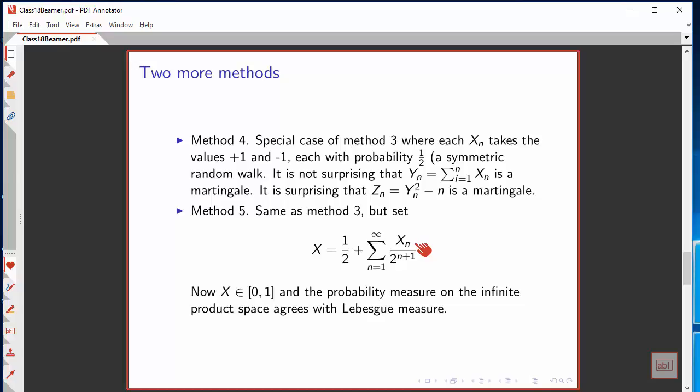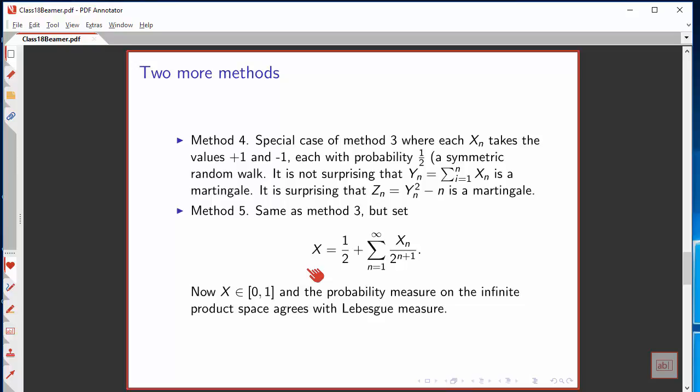For the next value of n, we take that result and either add or subtract 1/8, and then we add or subtract 1/16. What we're basically doing is generating the binary expansion of a real number between 0 and 1, one binary digit at a time.